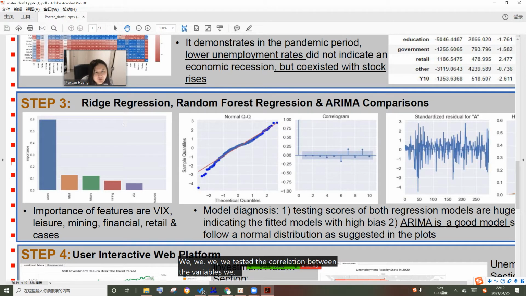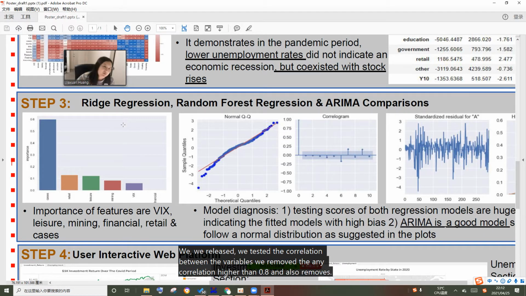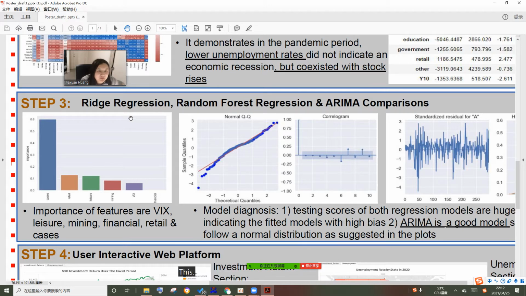We removed any correlation higher than 0.8, and also removed some variables that cause the multicollinearity problems. This leaves us eventually with 6 independent variables, and we can see the COVID cases is the most strongly correlated with the stock index.